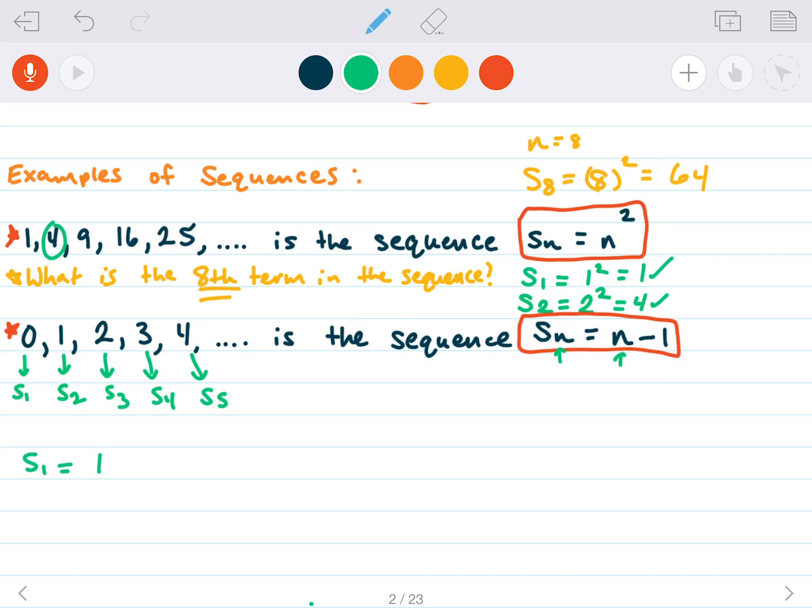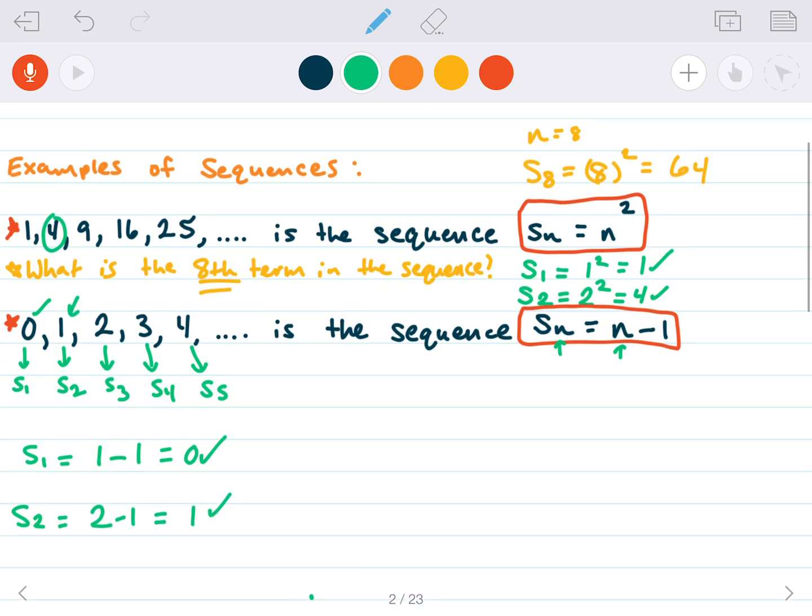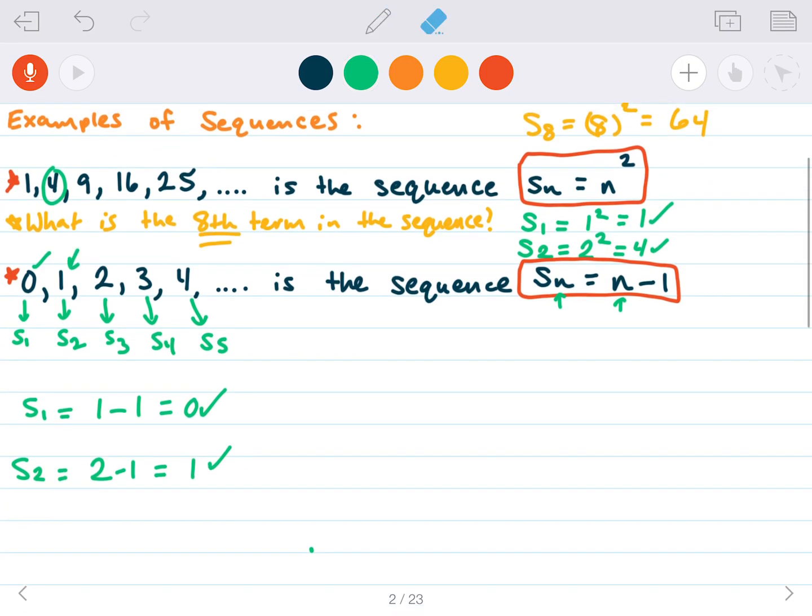So S sub 1 is 1 minus 1, and that's going to give us 0, right? That's what we have first in our list. S sub 2 is 2 minus 1, and that gives us 1, which is second on our list, and so forth.